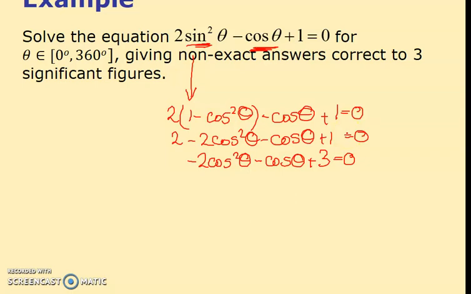You select the polynomial equation solver, and I'm going to type in minus 2x squared. Notice I said x squared. Obviously I know it's not x squared, but I use the polynomial equation solver just to do it for me. So minus 2x squared minus 1x plus 3 at the end, and then I press go.